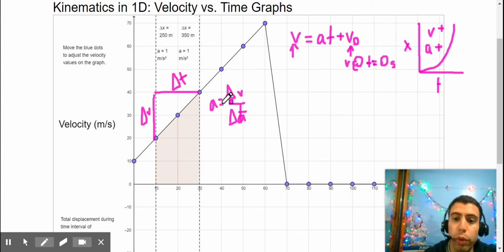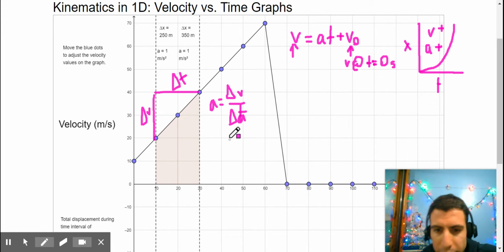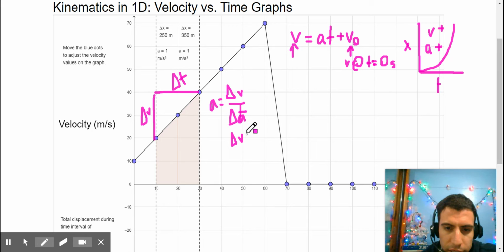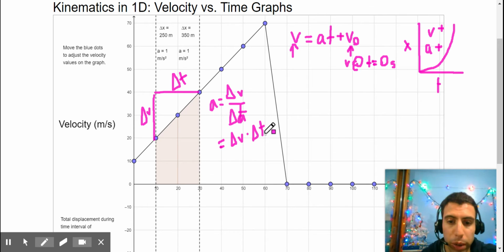What we can do here, but we couldn't do back in an X versus T graph, is something new. What if, instead of dividing the two, we multiply the two? If you get delta V times delta T, this actually gets us something. If we figure out the velocity times the time, we can actually find a displacement.